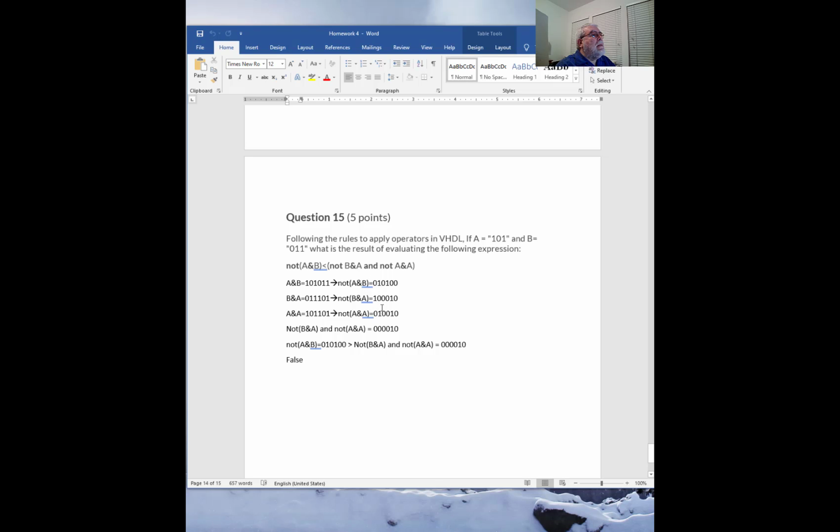So we have these two results. We do the AND between these two things, okay? This AND, and the AND is 0, 0, 0, 1. In this case, when we compare this versus this, you see that this is greater, no, smaller. So the answer is false.